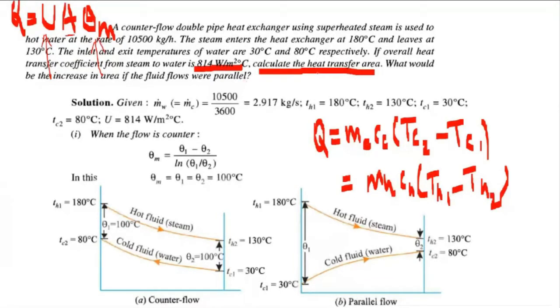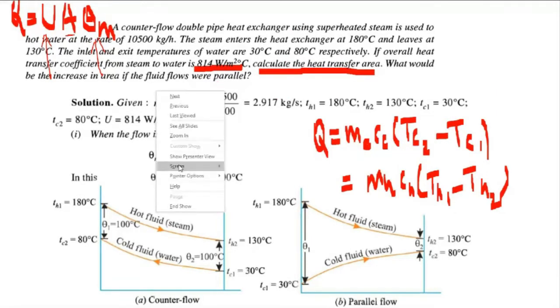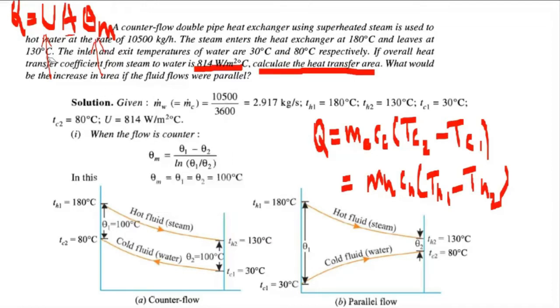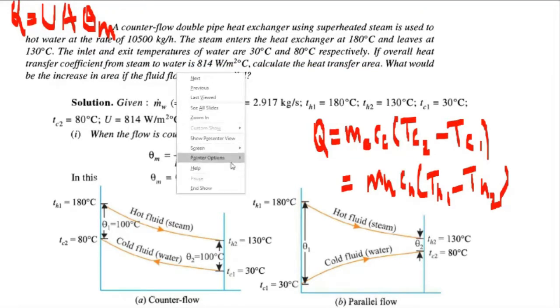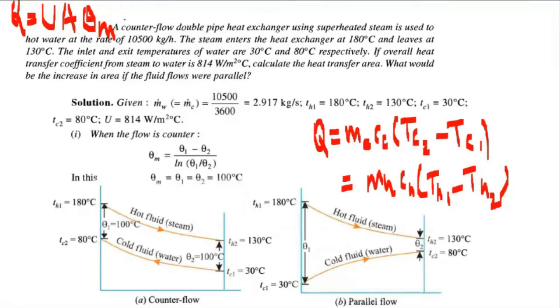Now we will see what data has been given to us. In the question, we have a counter flow heat exchanger. It is using steam to heat water, and water is flowing at a rate of 10500 kg per hour.